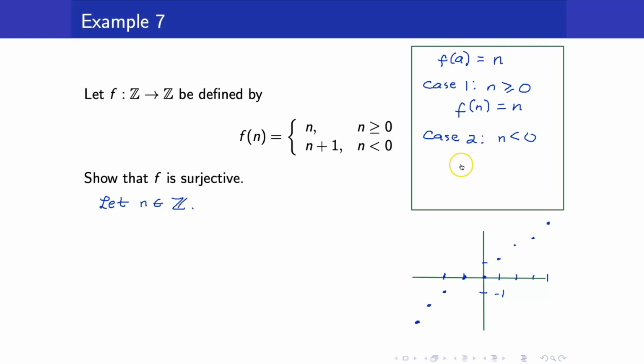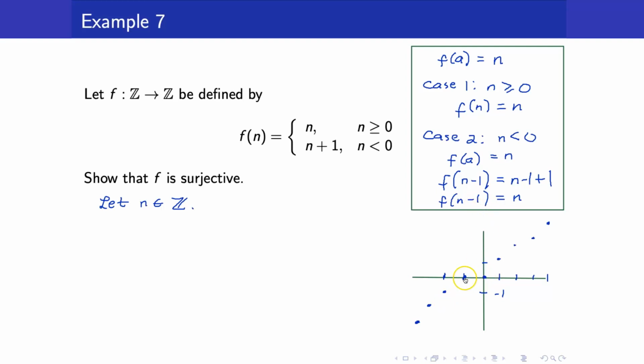Now remember that what you want is f of a is equal to n. But your f of a in this case would now become what? This would be f of n minus 1. This is equal to n minus 1 plus 1. So the pre-image, I mean, of n is n minus 1.